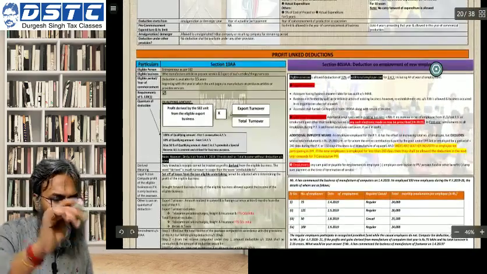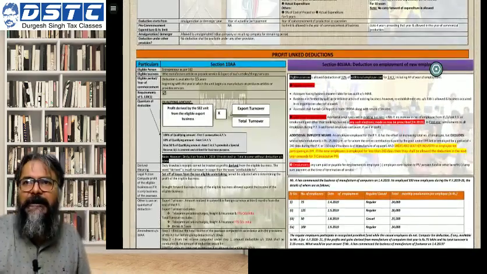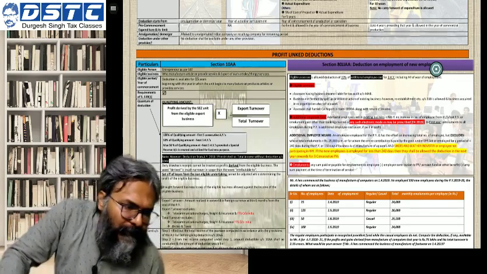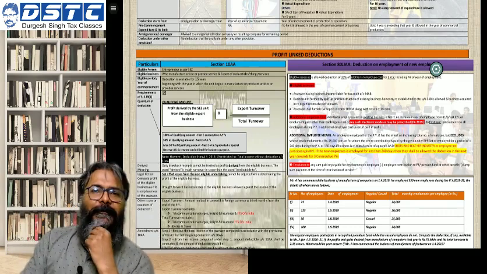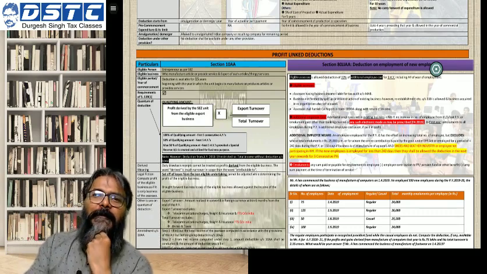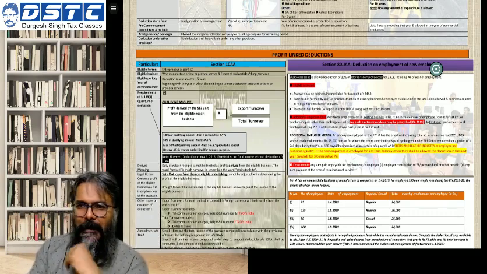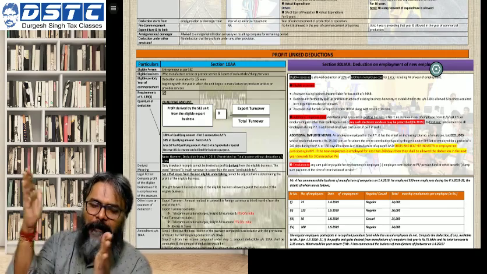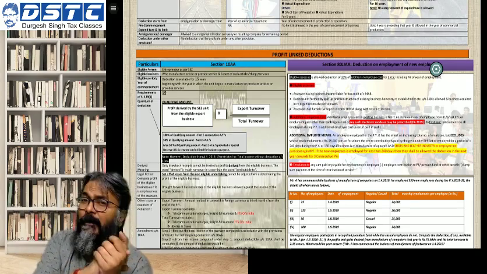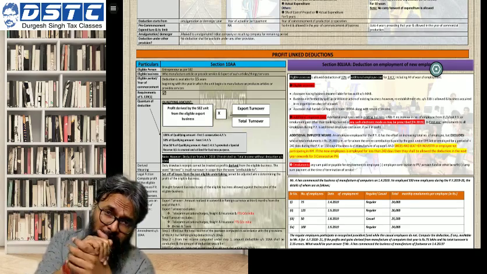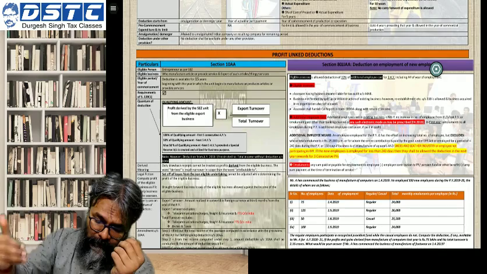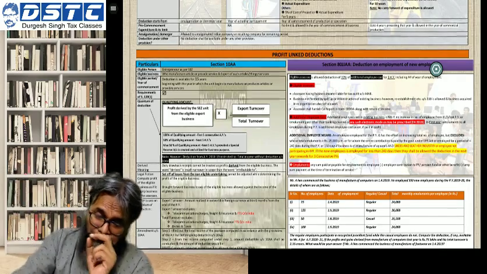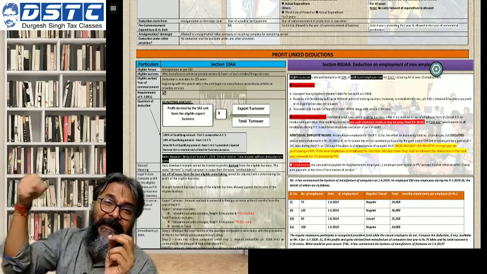Now students, quickly we will understand this concept. This 10AA deduction is a profit linked deduction, meaning you get the deduction on the profit of the eligible business. Profit of what? Profit of the eligible business. You will say, sir, what is this profit of the eligible business? Students, you need to set up your unit in the SEZ.